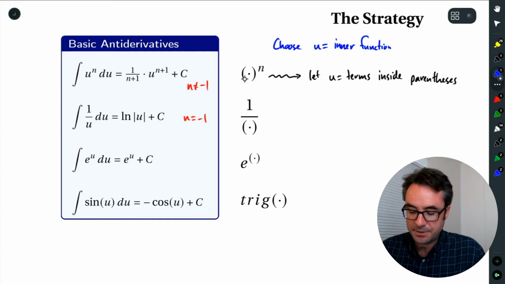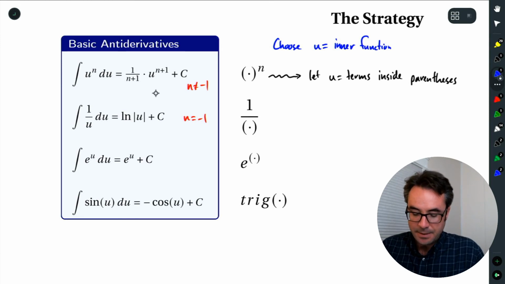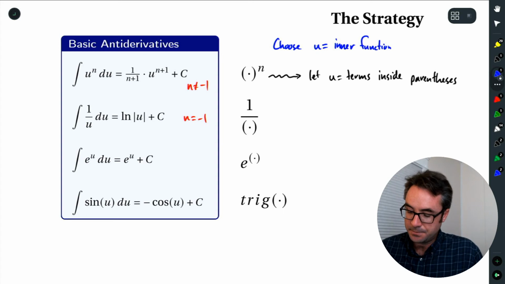So if we see parentheses and then everything raised to the power n, well, we're going to let u equal the terms that are inside the parentheses because we have this power rule that helps us do it. If we're looking at our function and we see a fraction, so 1 over some complicated terms, well, in that case, we're going to let u equal the terms that are inside the denominator.